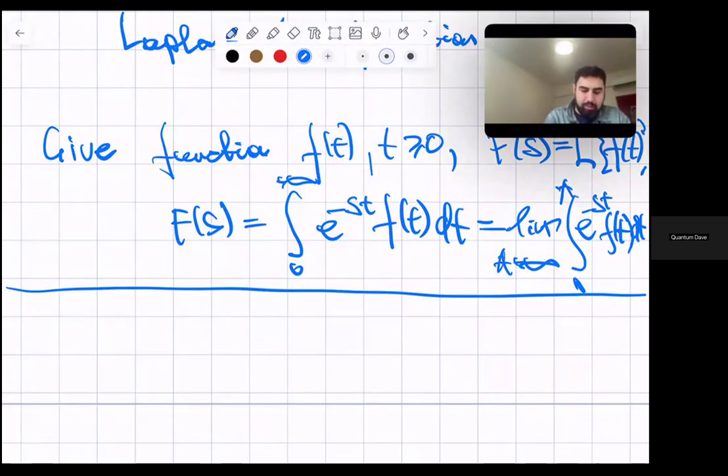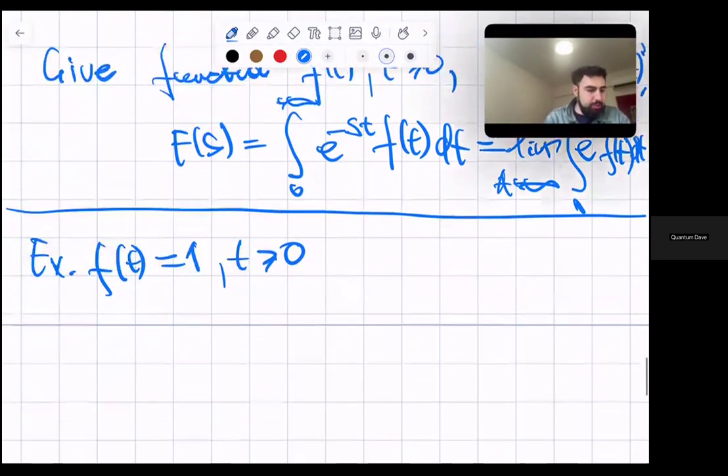And let's start from a very simple example. So suppose we want to calculate the Laplace transform for f(t) equals 1, t bigger or equal to 0.